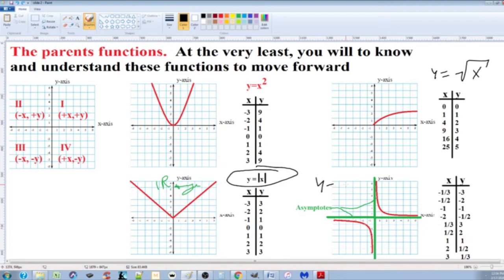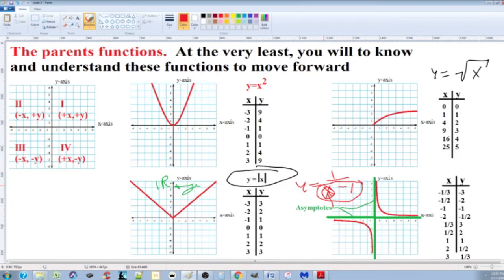Now, the asymptotes can change. That's because, again, we can translate these graphs later on, and they can end up moving. But again, they will always have an asymptote that they never reach, and we can figure that out based on whatever the fraction is. So, for instance, if y gets translated to 1 over x minus 1, well, remember, we can't have a 0 down here. So that means x can't be 1 here.